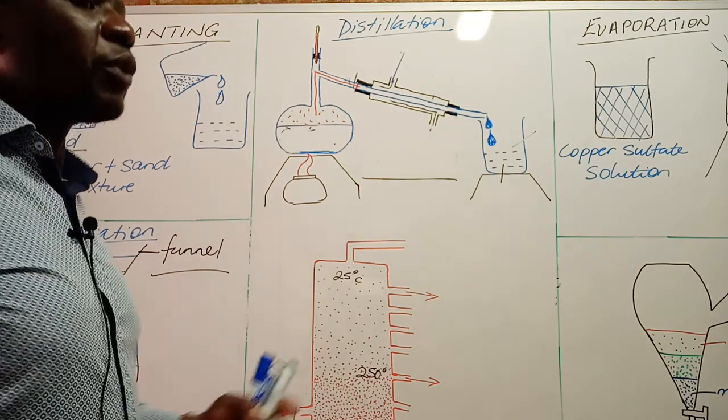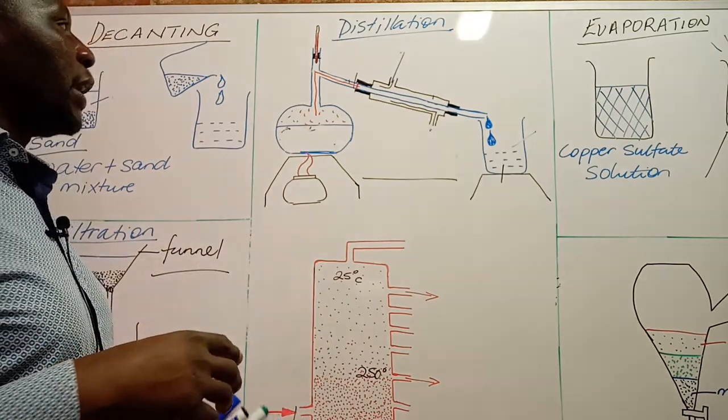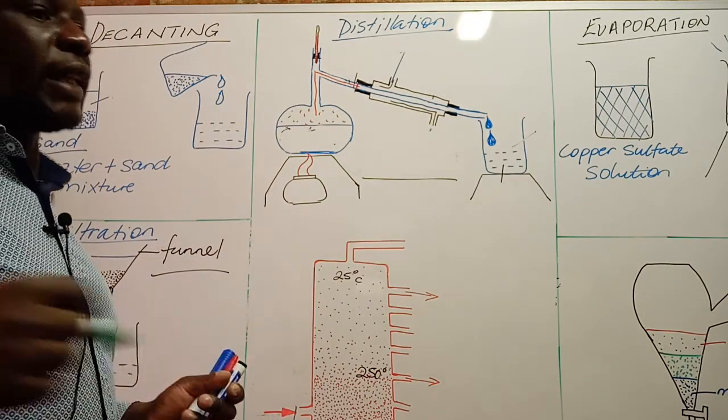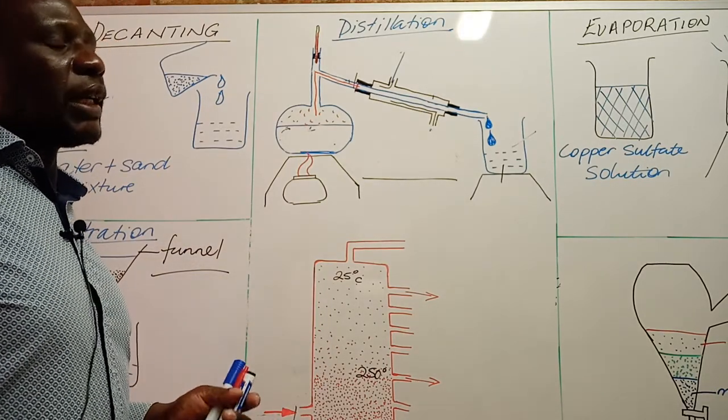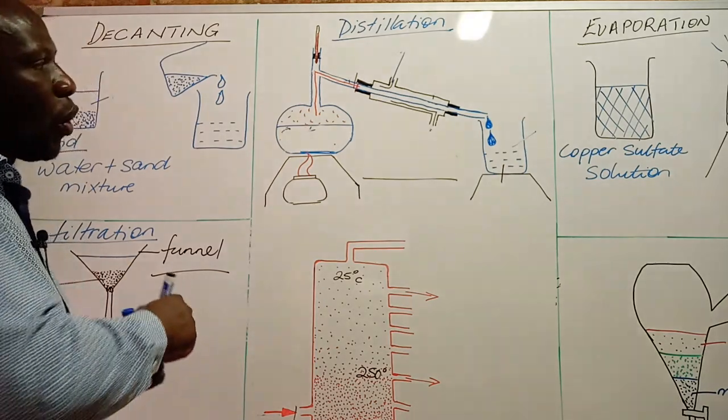Miscible liquids are liquids that totally dissolve in each other, and they have a similar density. Their density is almost the same.